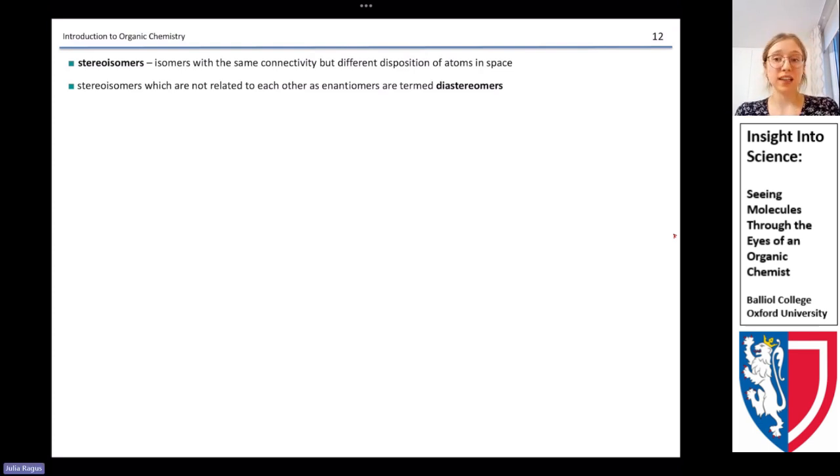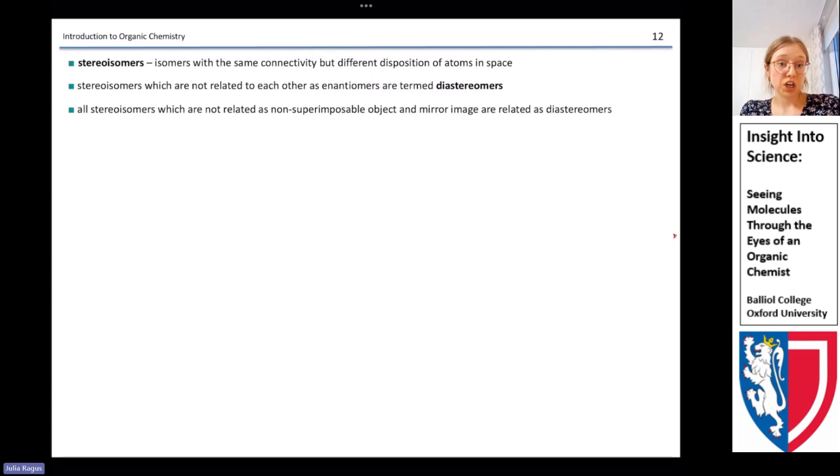So we've got diastereomers, in other words, all stereoisomers which are not related as non-superimposable object and mirror image are related as diastereomers. So remember the example of two alkenes, one cis, the other trans. So we've got our enantiomers.